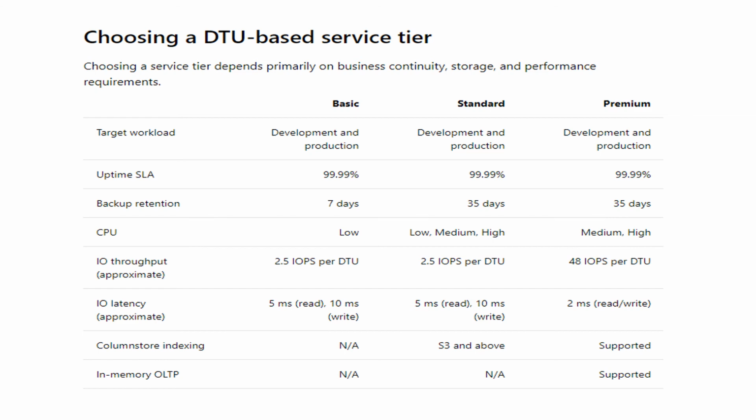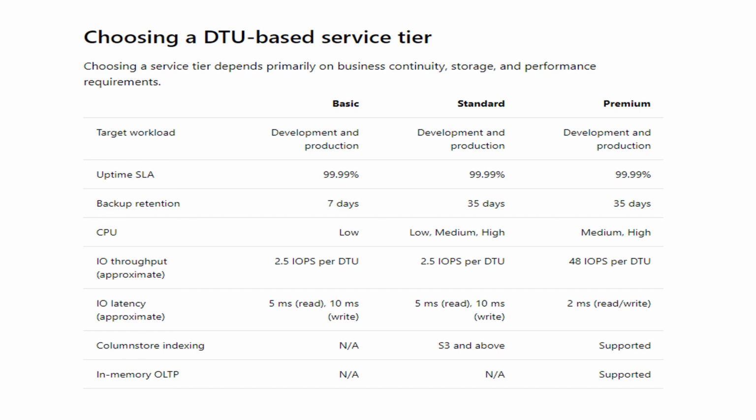These are the basic plans based on the DTU based service tier. There are three plans: basic, standard and premium. If you talk about the target workload, all three plans are related to development and production.